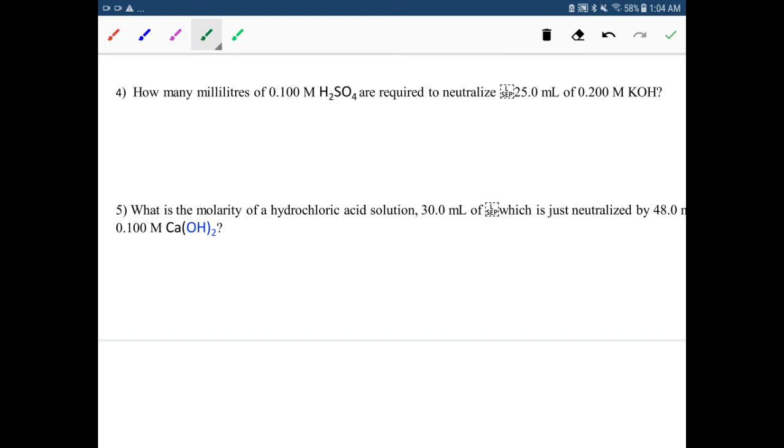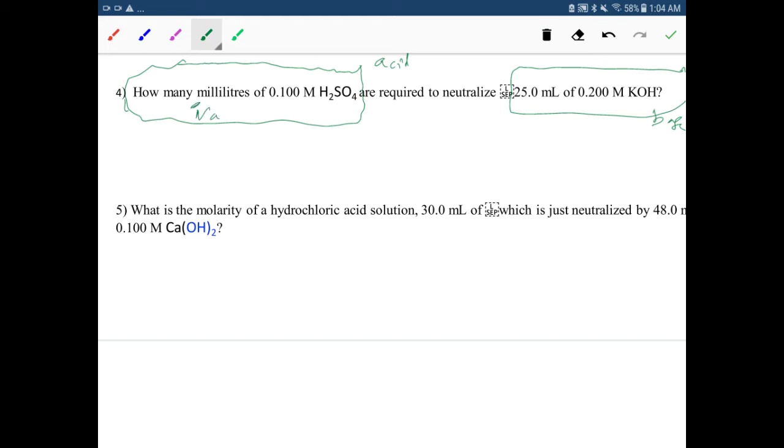I'm going to circle my information here. It says how many milliliters, so I don't know the milliliters. H2SO4 is my acid information, and the KOH is my base information. The question is asking for VA, the volume of the acid.